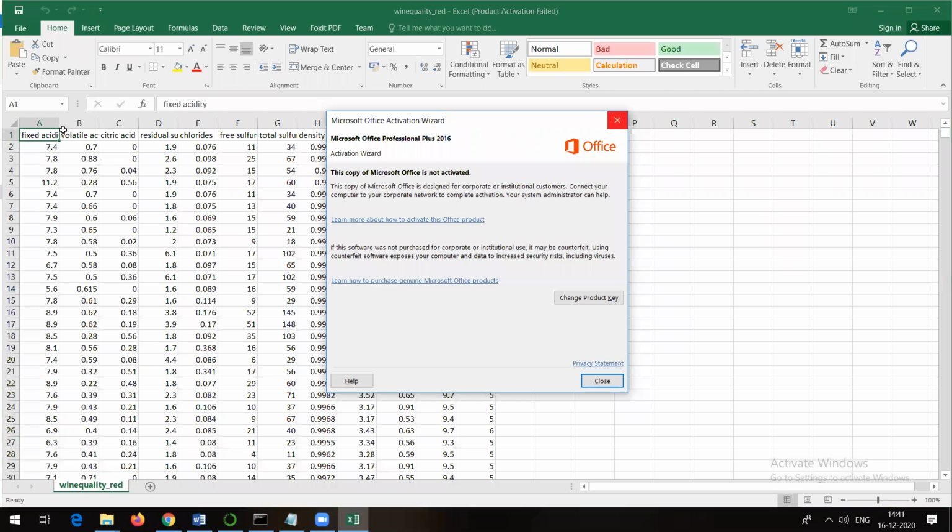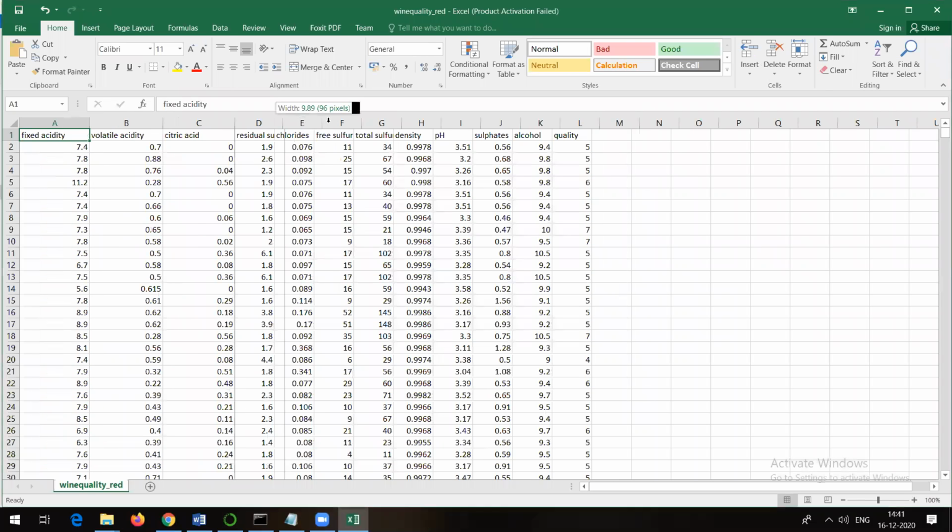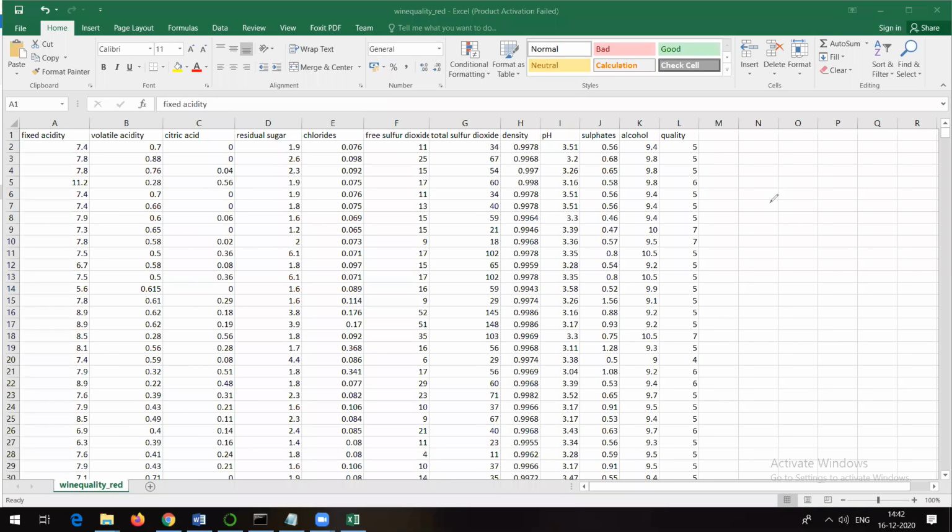Now check, the client is going to give this kind of data set. It's a CSV file, and I think you people are aware of CSV files now. CSV stands for comma separated value, right? We talked about that. Remember that, because there will be questions in your exam also: what is CSV, what is Excel, and so on. So this is how a CSV file is going to look.